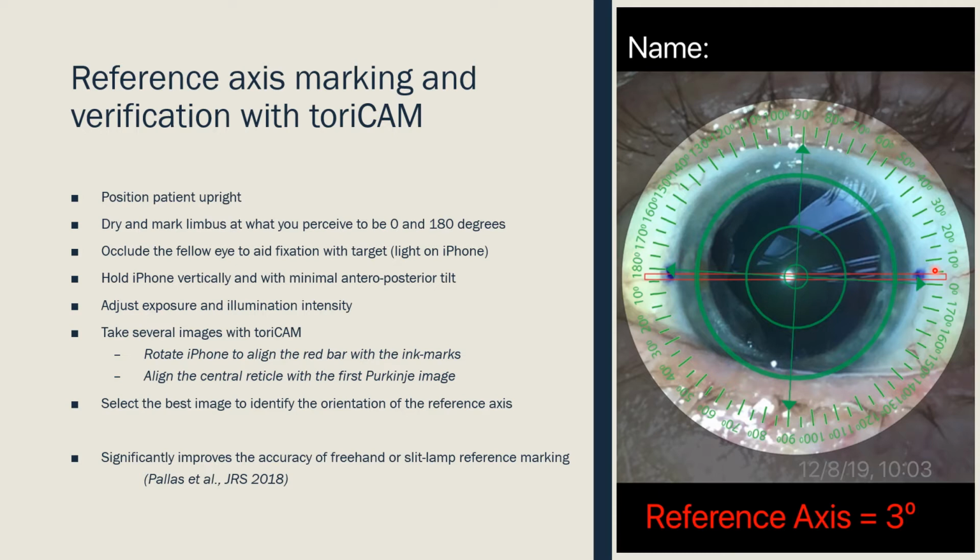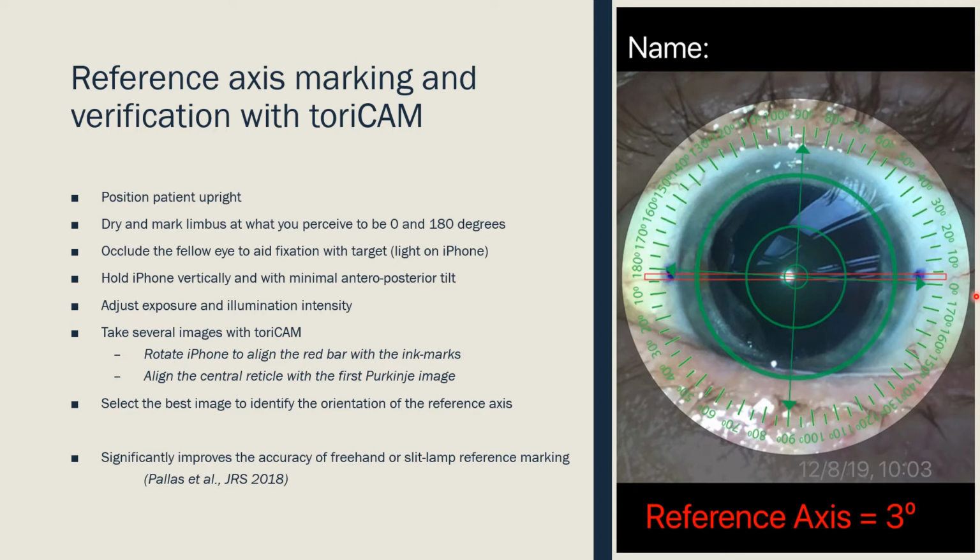You then hold the phone vertically and with as little tilt as possible. The exposure and illumination can be adjusted on the app, and it's then worth taking several images because it's very difficult to get this absolutely perfectly aligned first time, with the patient moving and your hand moving. There can be a bit of wobble.